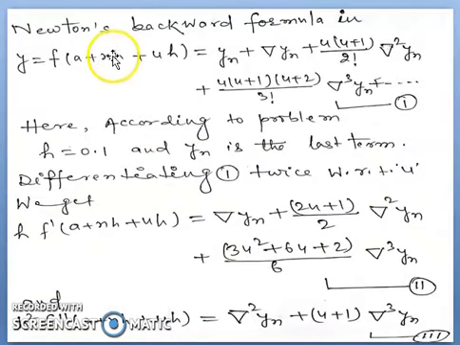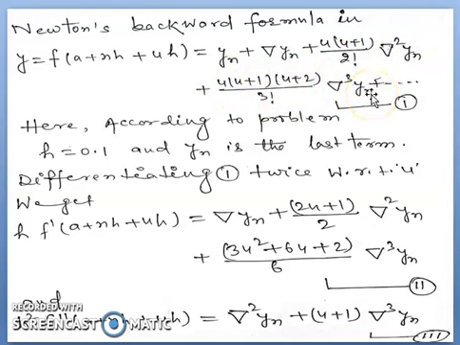Now, using Newton's backward formula. What is Newton's backward formula? y equal to f of a plus nh plus uh equal to yn plus u del yn plus u times u plus 1 divided by factorial 2 del square yn plus u times u plus 1 times u plus 2 divided by factorial 3 del cube yn.